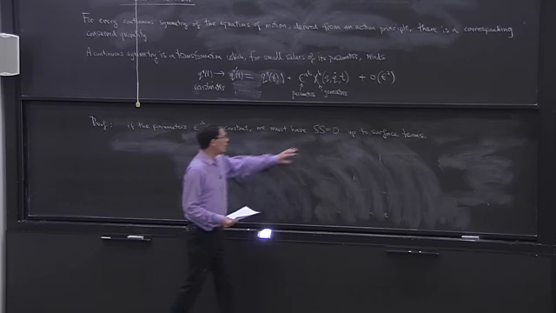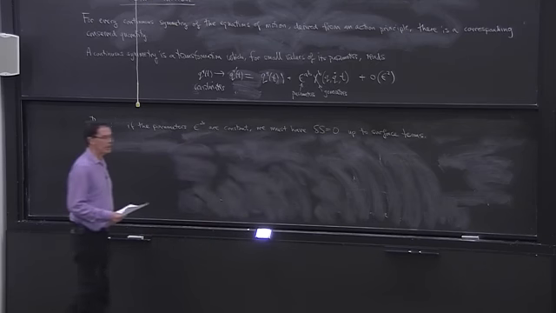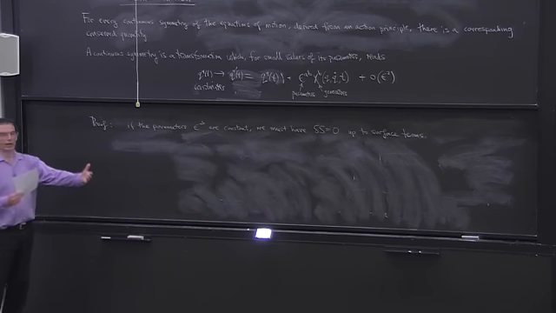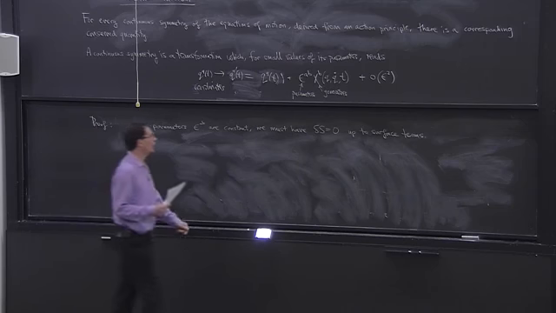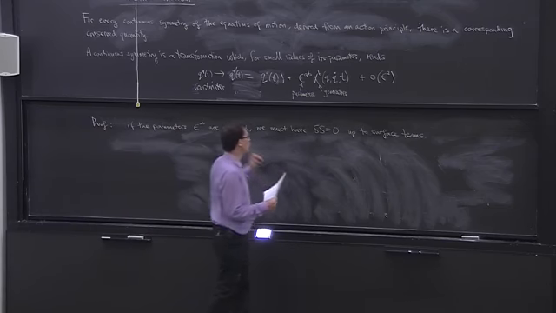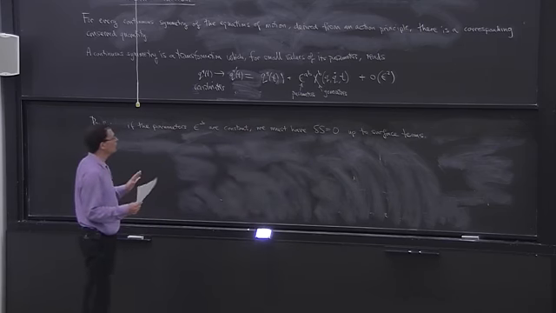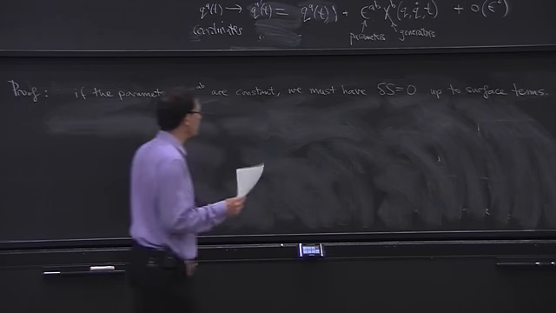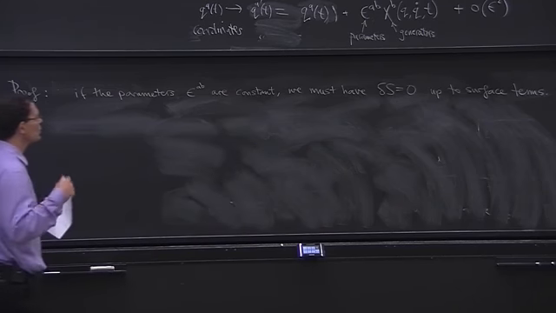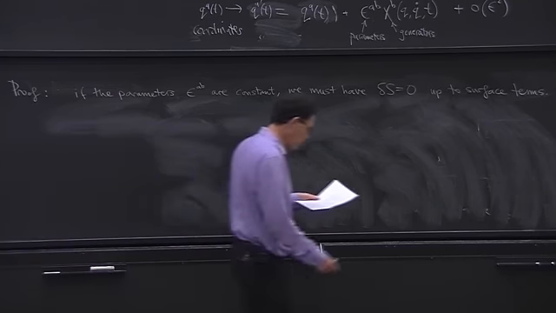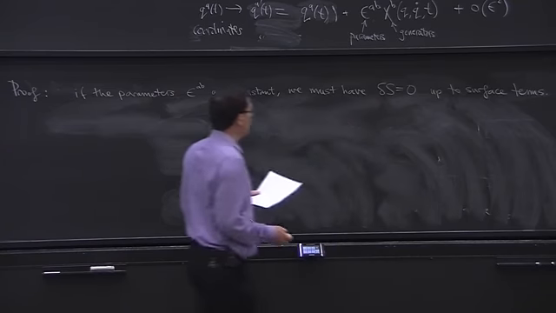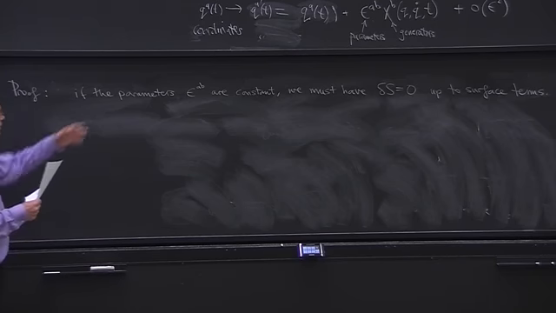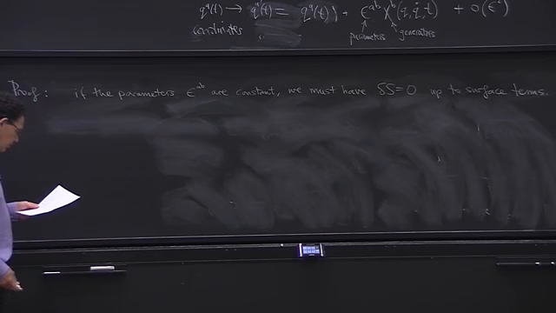Because the statement delta S equals 0 is directly proportional to the equations of motion. Sorry, I said it wrong. Yes, the variation delta S is proportional to the equations of motion. The equations of motion are invariant under the transformation. Up to surface terms, we must have delta S equals 0.